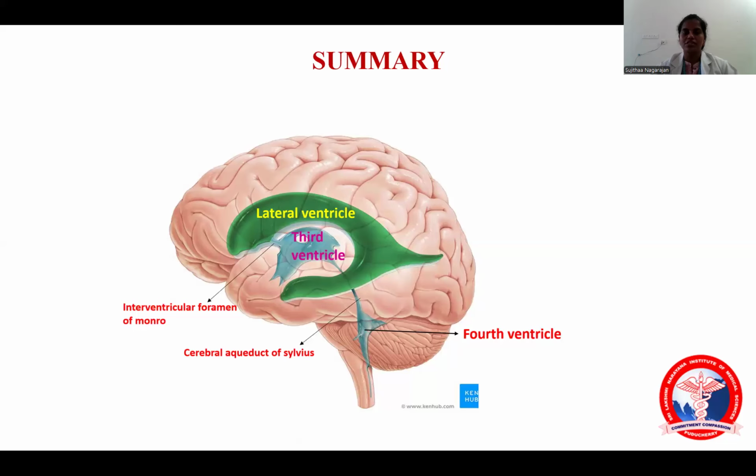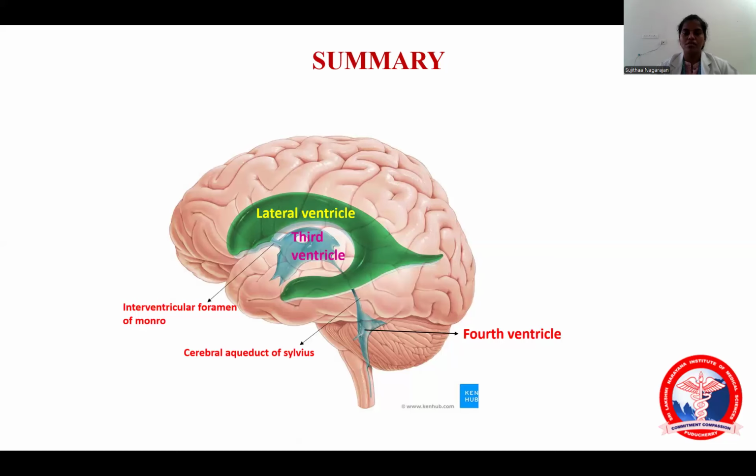This third ventricle is connected to the fourth ventricle through the cerebral aqueduct of Sylvius. The fourth ventricle is the cavity of the hindbrain. It is located between the pons and medulla oblongata and the cerebellum. The cerebellum forms the roof of the fourth ventricle, while the pons and medulla oblongata form the floor.